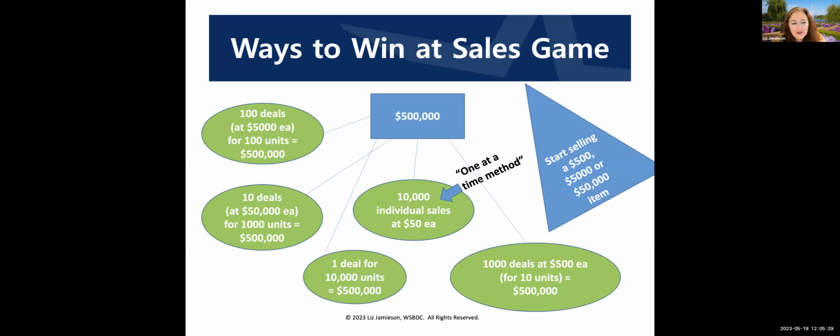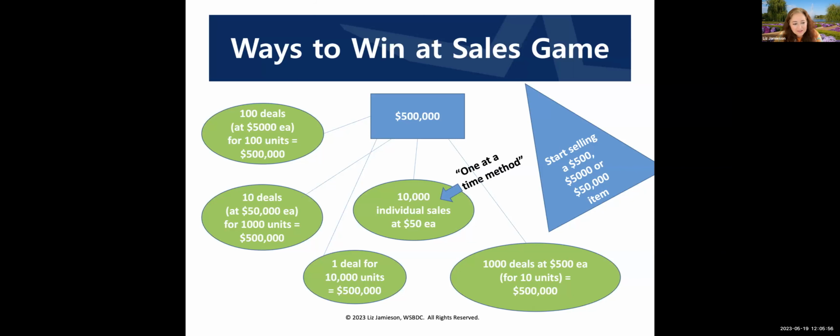I could have 100 deals at 5,000 a piece. Let's say that's 100 units of my $50 item. I could have 10 deals at 50,000 each, right? Hopefully all you're thinking wholesale orders here, maybe not just retail, but also wholesale can balance you out.